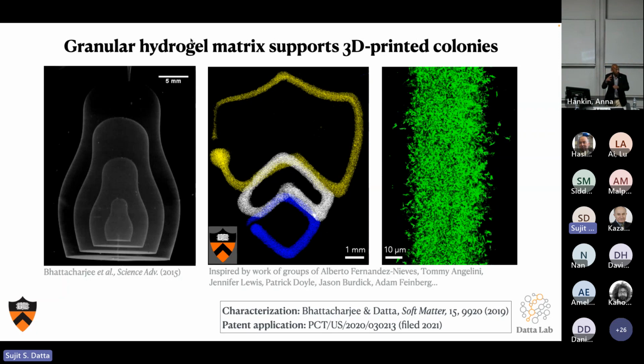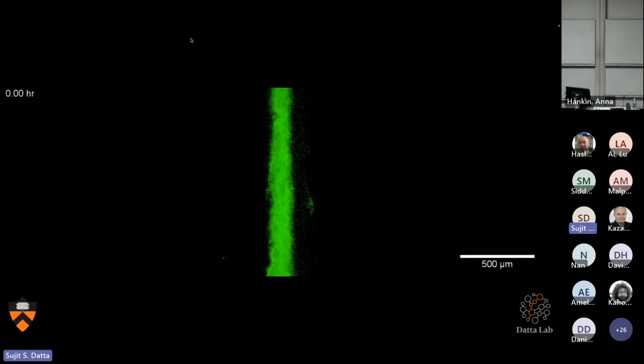So we're having a lot of fun engineering microbiomes, but for the purposes of studying this question of how do the cells collectively migrate through crowded spaces? Can they collectively migrate through crowded spaces? We 3D printed the simplest possible thing you can imagine. We 3D printed a cylinder of densely packed cells, right? So this cylinder is much longer than what you see here. This is just a small field of view.